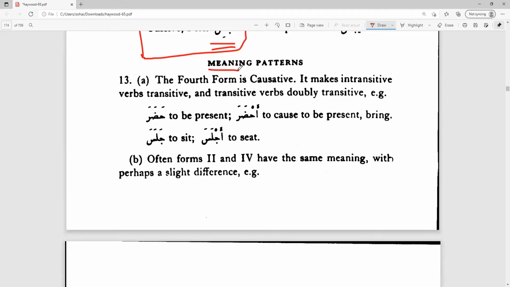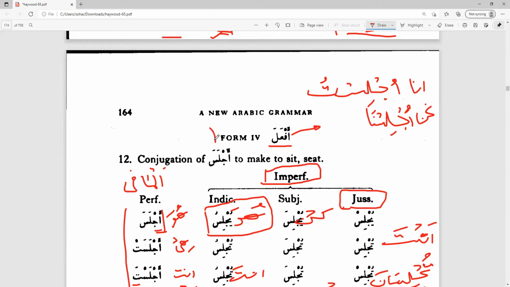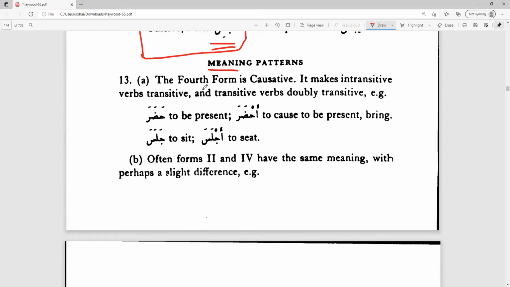So now the meaning pattern of this form. This is called form 4. Number 1: the fourth form is causative. It makes intransitive verbs transitive and transitive verbs double transitive. This is very similar to form 2. So hadara means to be present. Hadara Zaidun al-ijtima'a, Zaid was present at the meeting.